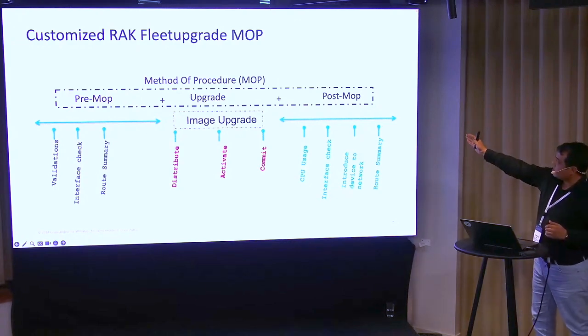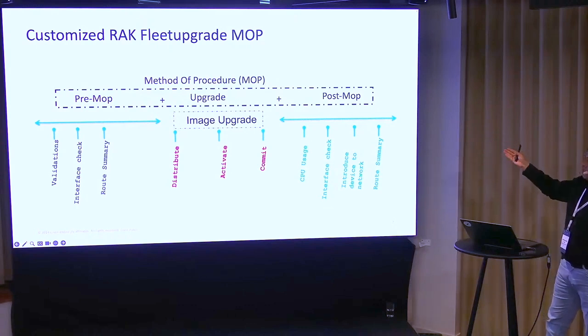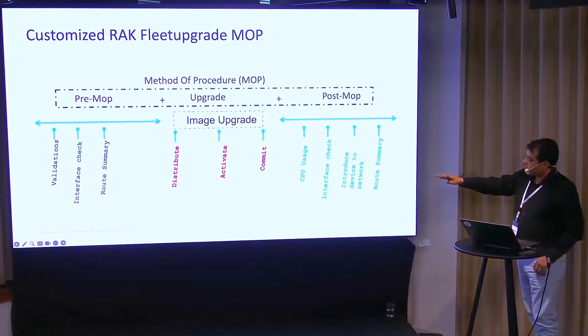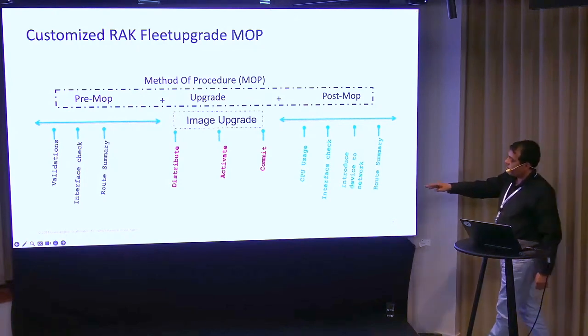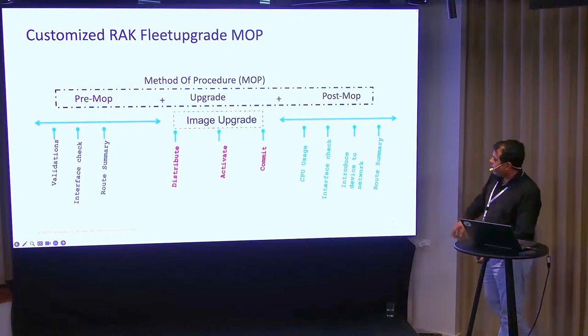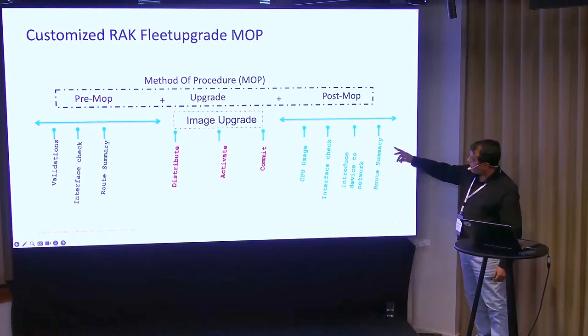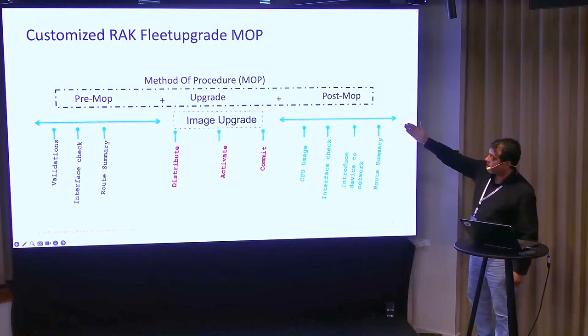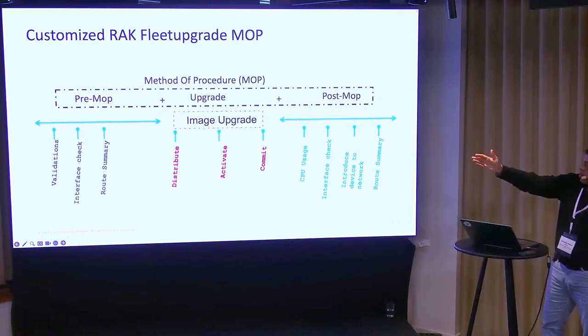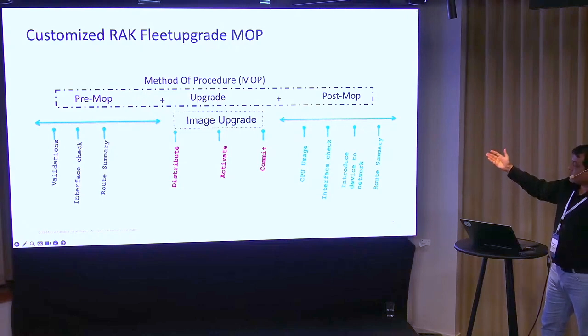The other portion is the post-MOP, which is nothing but a post-install or post-upgrade check. In that, we are also doing a set of tasks, like a pre-built MOP, which will be executed as activities. You can take every item as one activity in that particular MOP workflow. So there is a pre-MOP workflow as well as a post-MOP workflow.